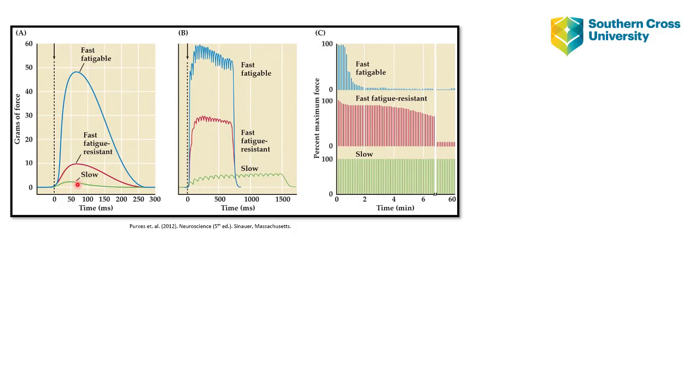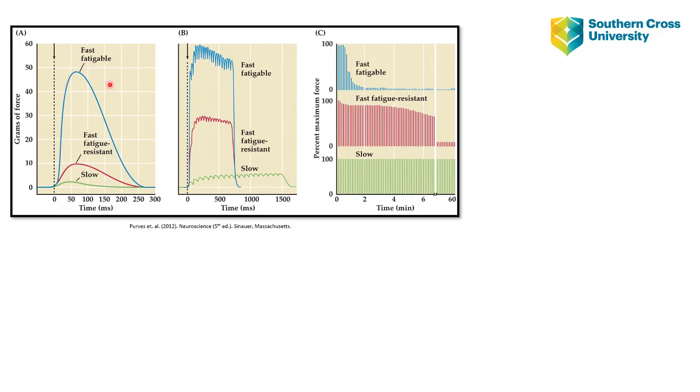The motor unit is quite small, which means that for every alpha motor neuron, it's only innervating a few muscle fibers. Fast fatigue resistant now have larger muscle fibers and larger motor units, which means that for an alpha motor neuron, there's more muscle fibers compared to slow.